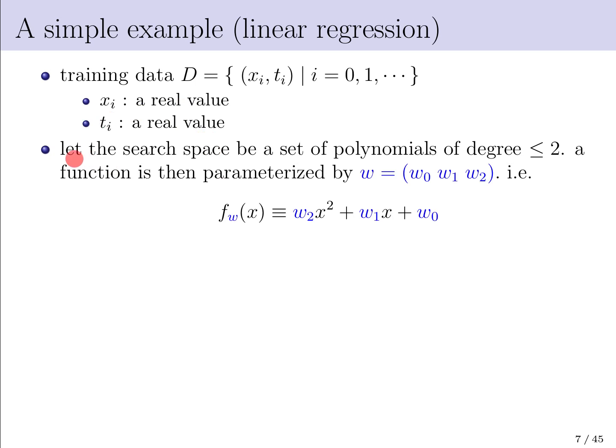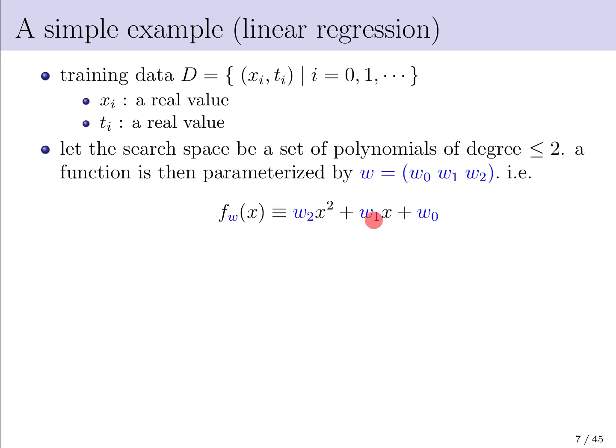And we fix the search space to the set of polynomials of degree up to 2. All the functions in such a space can be parameterized by three parameters, the coefficients of polynomials of degree up to 2.